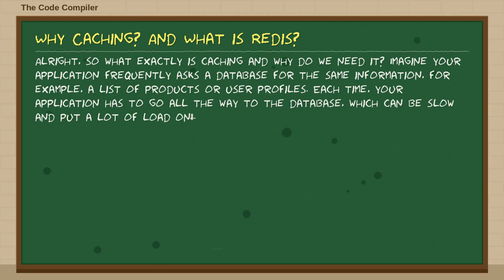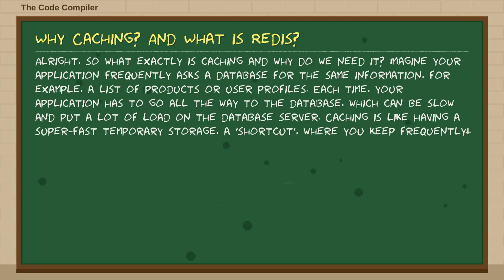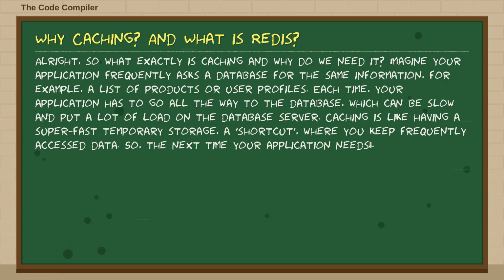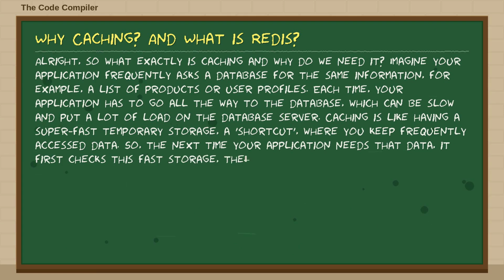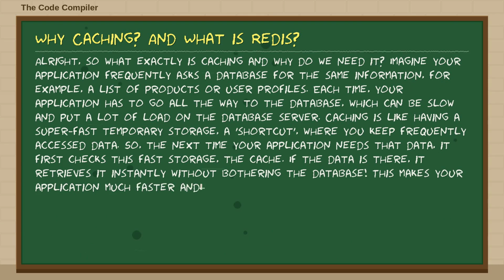Caching is like having a super fast temporary storage, a shortcut, where you keep frequently accessed data. So, the next time your application needs that data, it first checks this fast storage, the cache. If the data is there, it retrieves it instantly without bothering the database. This makes your application much faster and reduces database load.